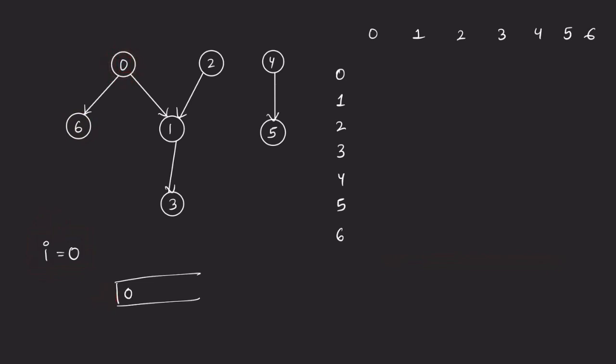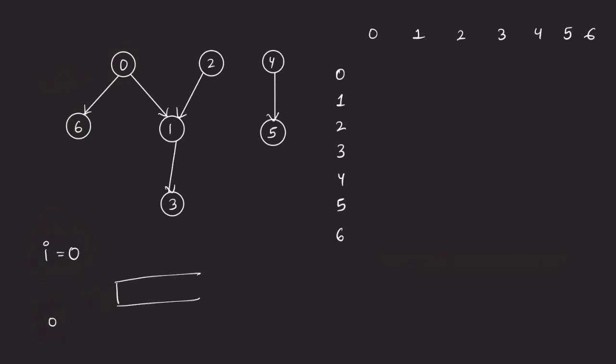Then we run a while loop: while our queue does not become empty, we take the front node from the queue. So 0 will come out, and now we check its adjacent elements. In the question you are given a prerequisites array, so you will have to create an adjacency list from it, which we will see during the code.